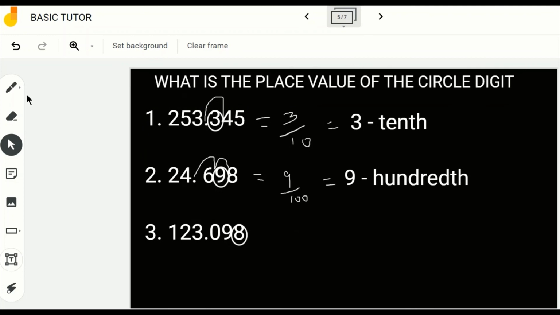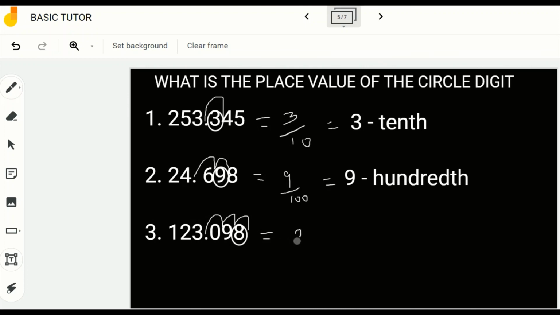Alright, the next question, 123.098. As you can see right here, 8 is the second digit, so we're asked to find the place value of 8 in this system. So I will move my decimal point to the right side of 8. So let's go 1, 2, and 3. So I just moved 3 places to the right side of 8.